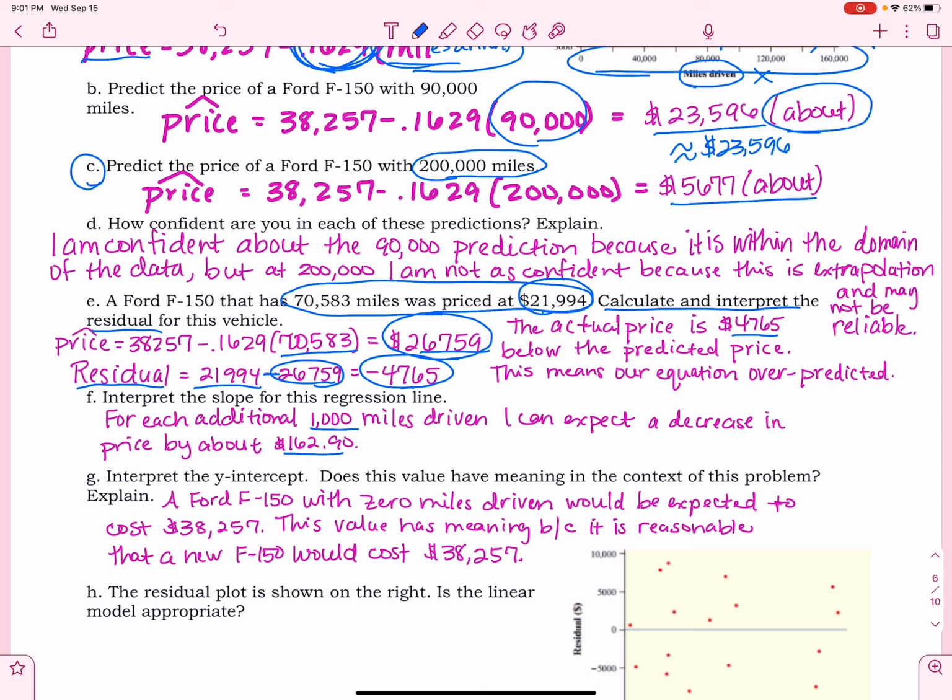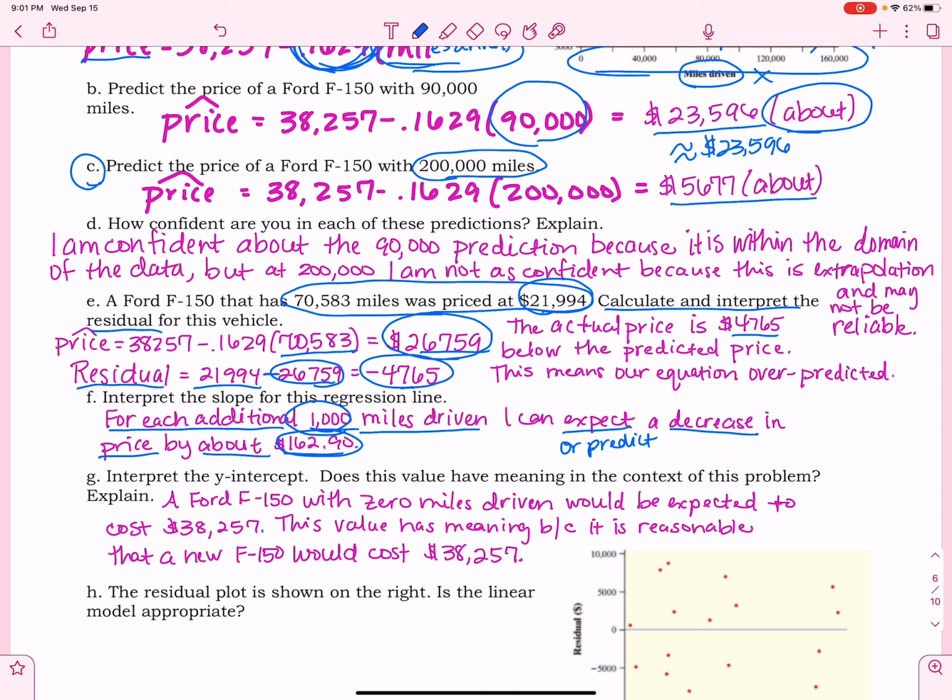All right, so please keep in mind, interpreting the slope, you need to do it the same way every time. For each additional, whatever this is, using your context, I can expect or predict a decrease. If it's a negative slope, you're going to write decrease. If it's a positive slope, you're going to write increase in price, whatever your response variable is, by about whatever the slope actually is. All right, so that is exactly how you would interpret that.